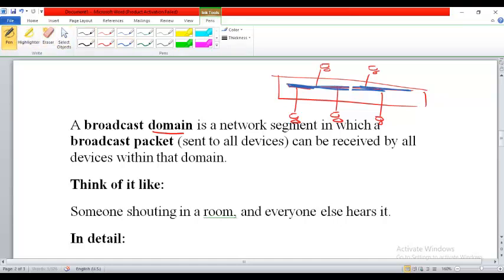Because there is a break here, it won't go to the other side, the other two computers. And when traffic hits the backbone, it only goes here, which means two broadcast domains.